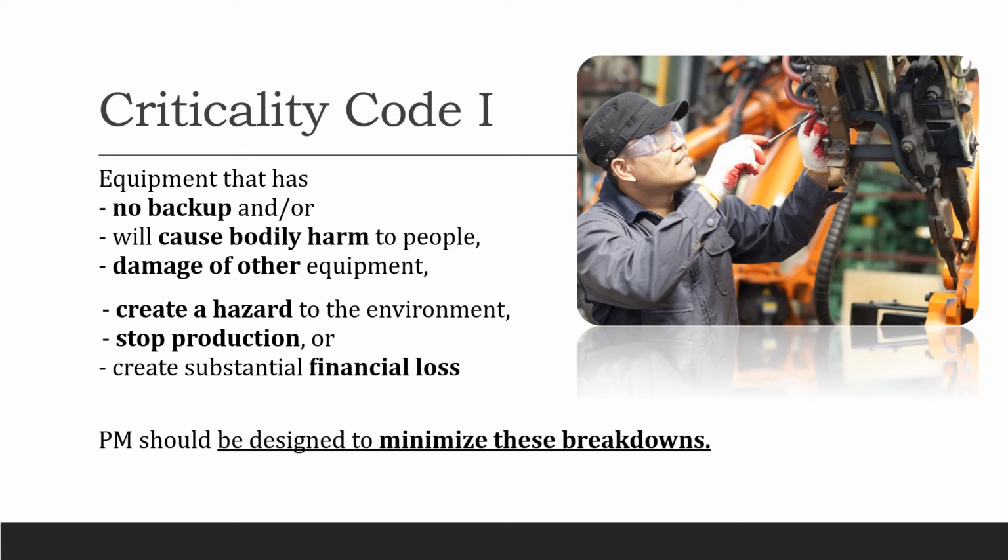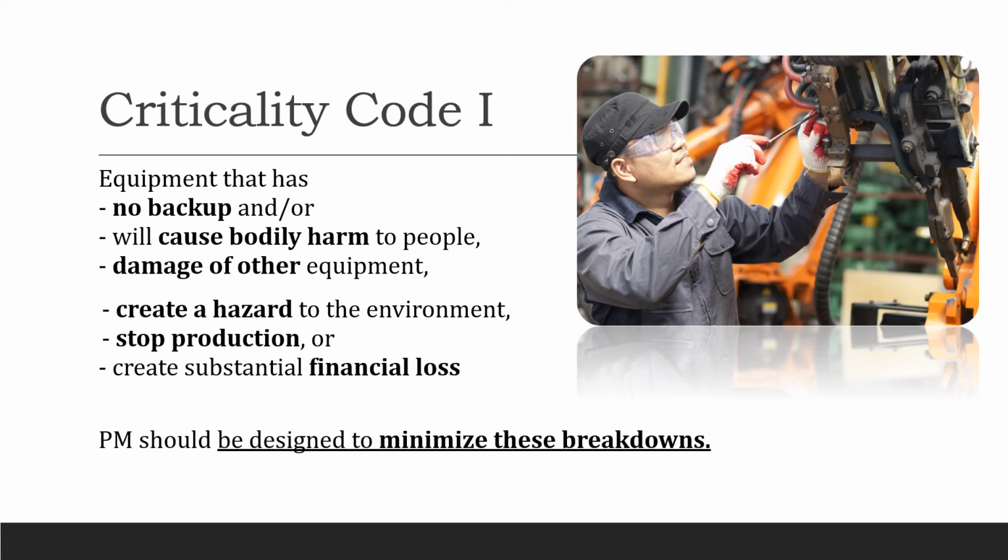That kind of equipment belongs to Criticality Code 1. We call it the dangerous equipment. So the preventive management should be designed to take care of that type of equipment seriously, in order to minimize these breakdowns.